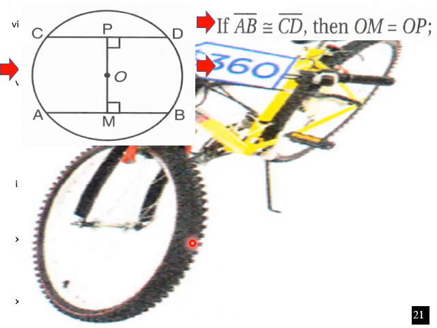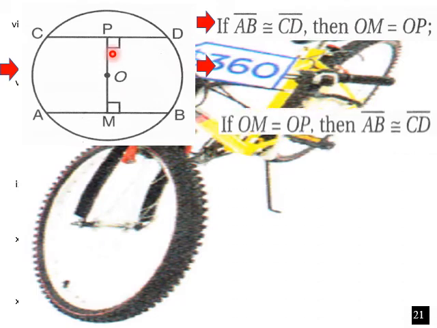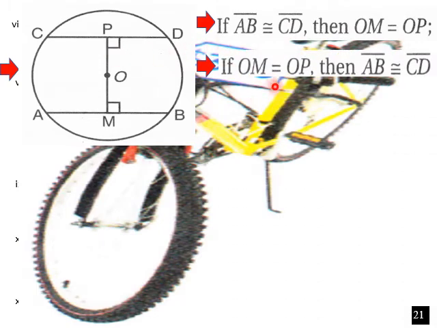So another situation, if segment AB is congruent to segment CD, then OM, which is here, equals OP. If OM equals OP, then segment AB is congruent to segment CD. We did a roundy round here to come back to AB is congruent to CD.